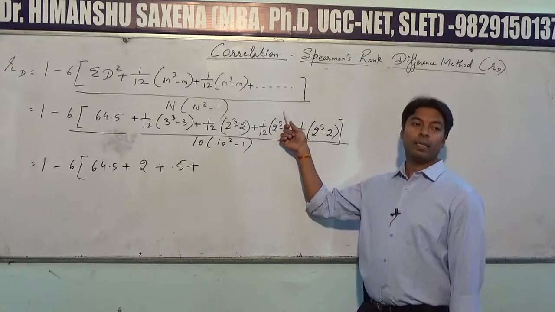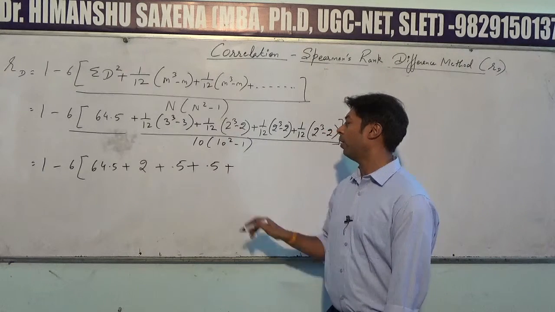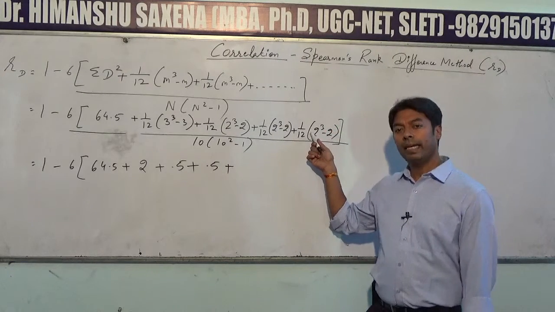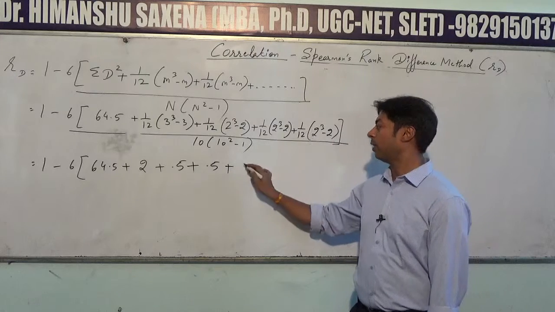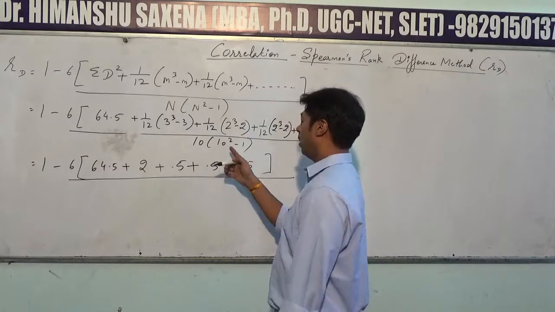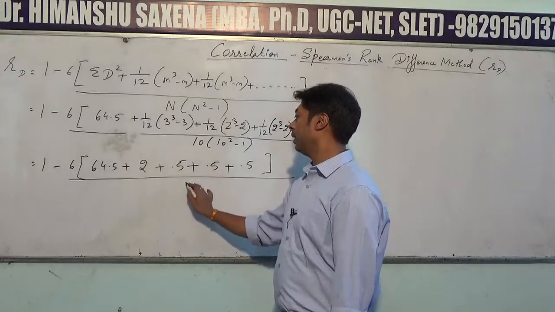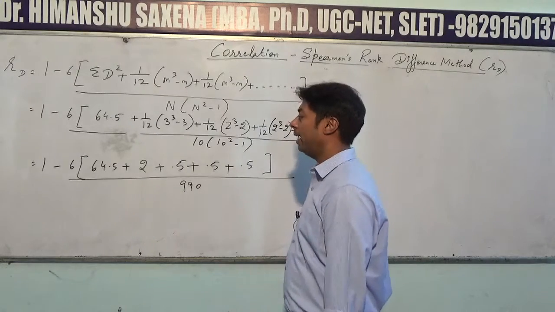Then again 2 cube is 8, minus 2 is 6, 6 upon 12 will again be equal to 0.5. And now 10 square is 100 minus 1, 99 into 10 will be equal to 990.